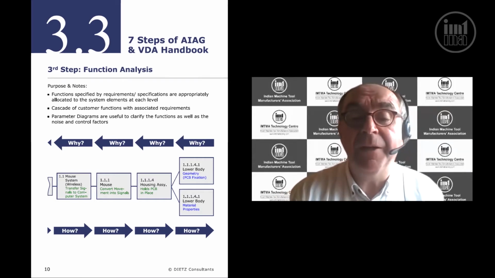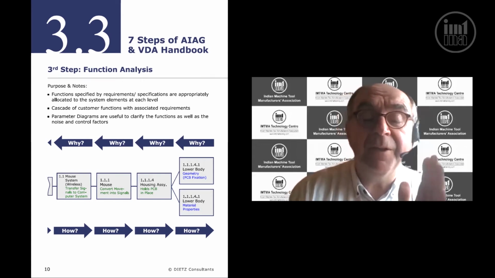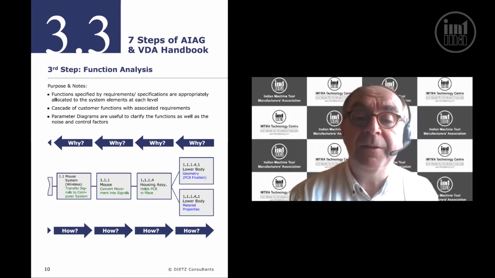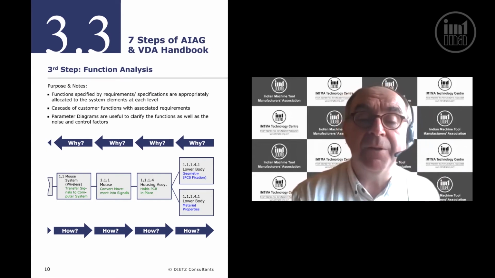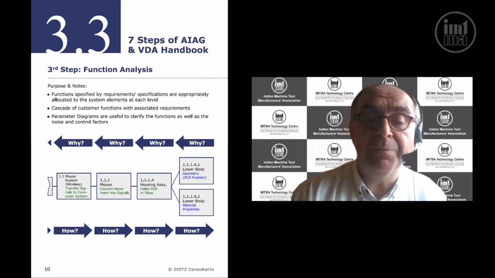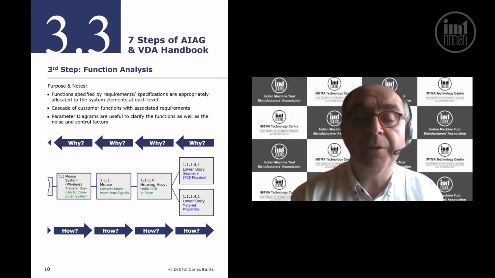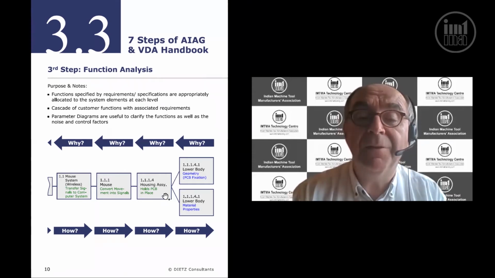In the technical way, we have to understand what is the input, what is the output, and then we have to find the right wordings for the functions. The input is movement, the output are signals. So the function is to convert movement into signals. What is the function of the housing assembly? To hold the PCB in place. And now you can feel there is an interaction with how and why.